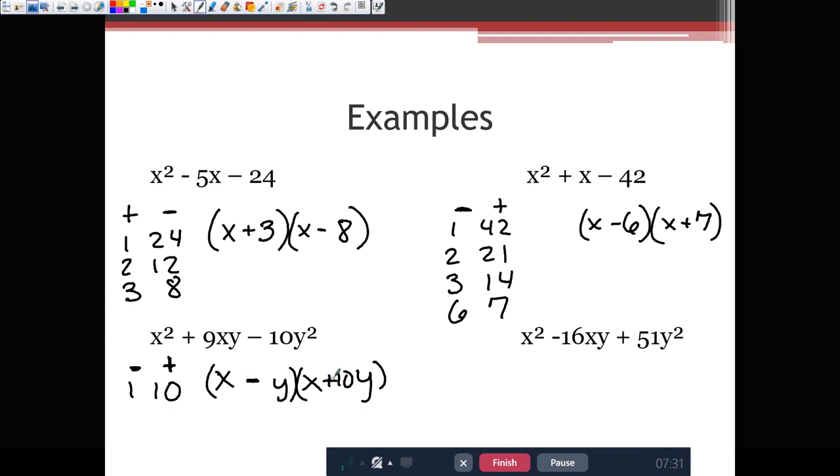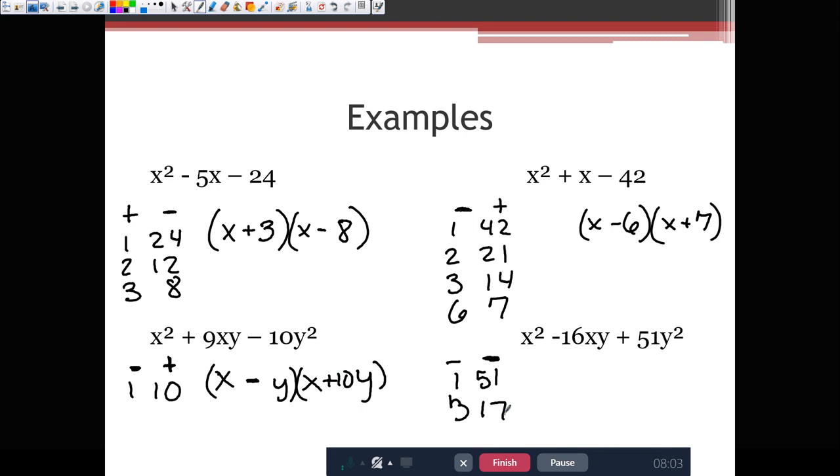Here I have a negative positive, so that means that this is going to be what? In order to get a positive number at the end, I have to have the same signs. Negative, negative. Okay, so let's find two numbers that multiply together to equal 51. So 1 times 51 is 51, and 3 times 17.